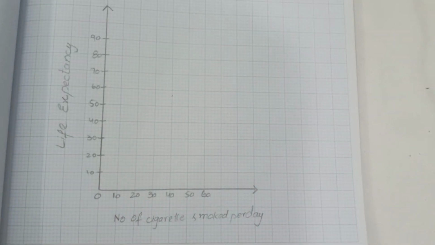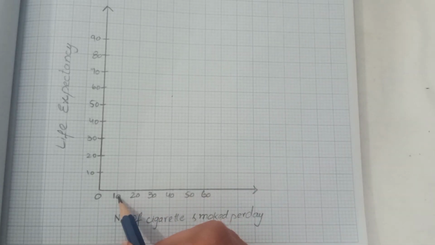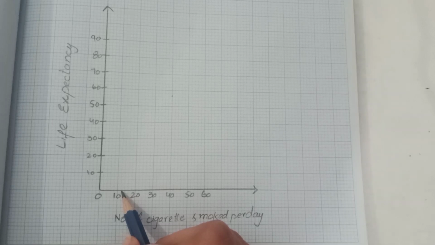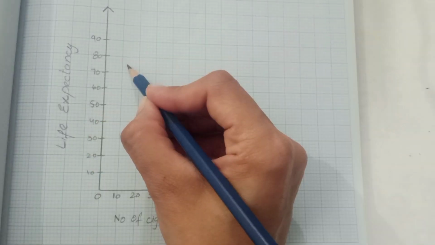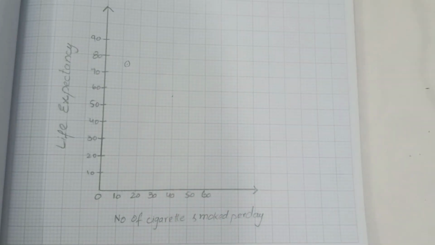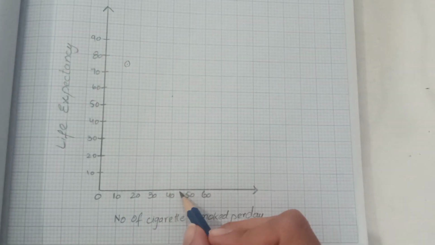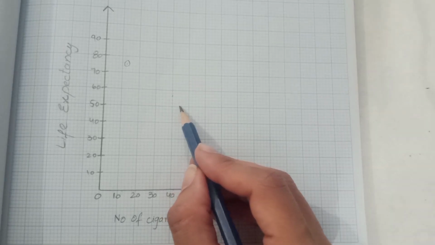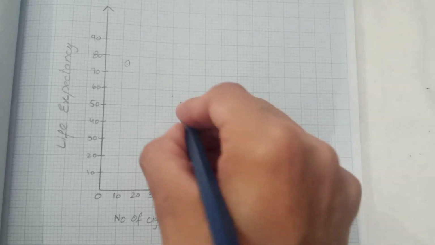Next is 13 and 75. 13, 10, 12, and this is 13 and 75. Yes, in the middle. And 45, 53. This is 45 and 52, and in the middle 53.